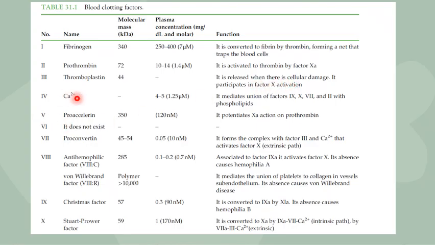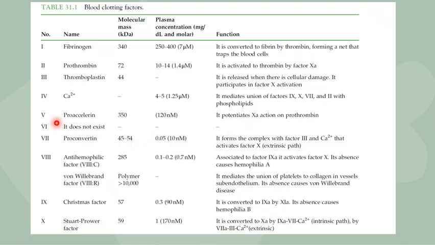It participates in factor 10 activation. The fourth factor is calcium. It mediates the union of factors 9, 10, 7, and 2 with phospholipids, which are present on the surface of platelets. The fifth factor is proaccelerin. It is a 350 kilodalton protein. It potentiates activated factor 10 action on prothrombin.